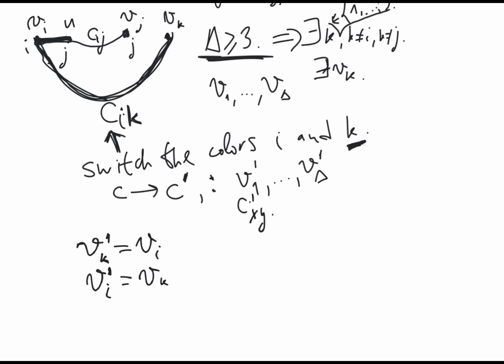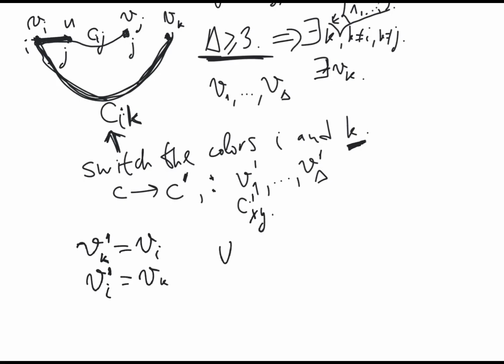So now consider this vertex u. The vertex u has color j, and in the new coloring it still has color j, and it is adjacent to the vertex of color k.